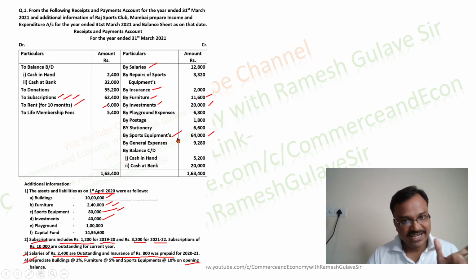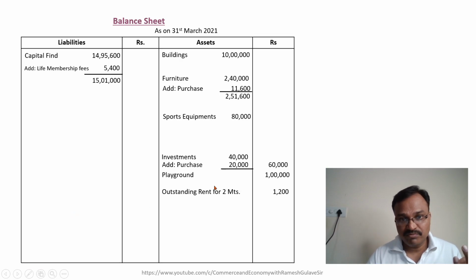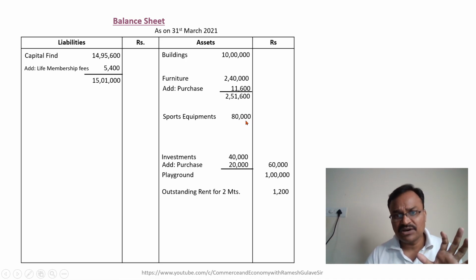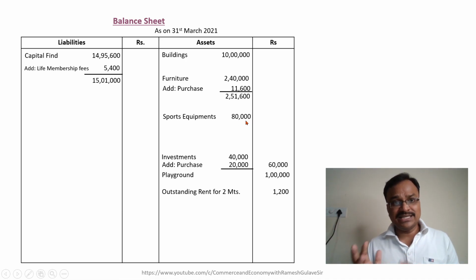So here we have already discussed that sports equipment of rupees 64,000 was purchased during the year. So we have to add this 64,000 in the opening balance of the sports equipment. The opening balance of the sports equipment is 80,000. We have already recorded this in the balance sheet.